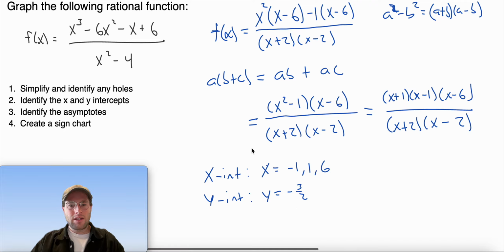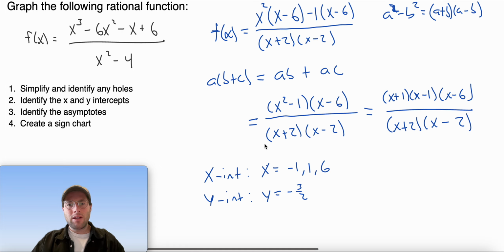And let's see here. I think that's going to wrap up step number 2. And so we can move on to step number 3, identifying the asymptotes. All right, so identifying the asymptotes, let's start with the vertical asymptotes first.